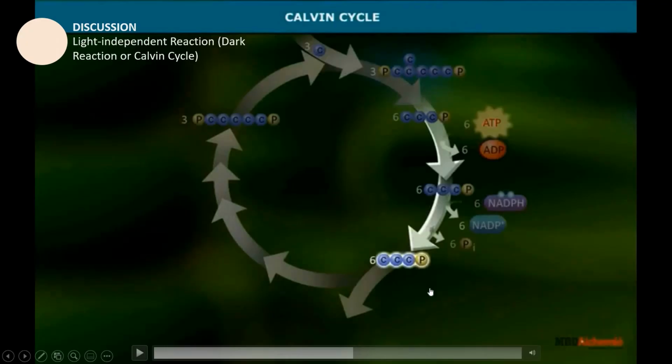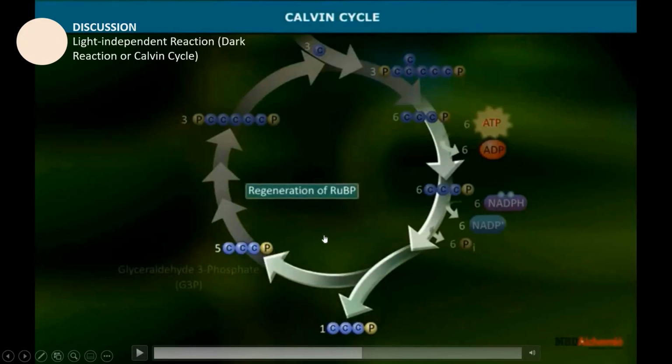Okay. Tapos yung magiging G3P natin ay magiging 6. Now, what happened here? Kapag naging 6 na sila, magpo-proceed na tayo with the regeneration of ribulose bisphosphate. Paano yun? Yung 6 na G3P, ganito, yung 5 sa kanila, magbabalik dito sa cycle. Yung isa naman sa kanila is mapupunta dito sa end.